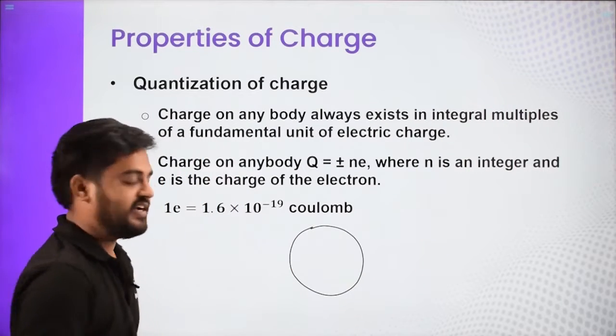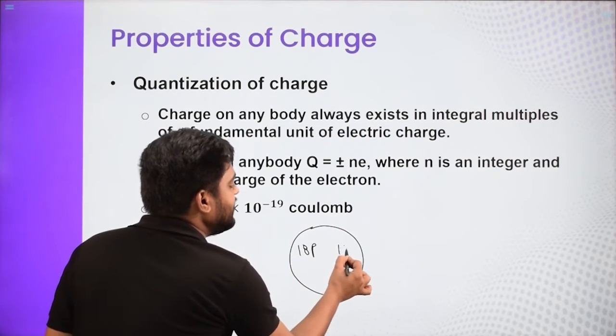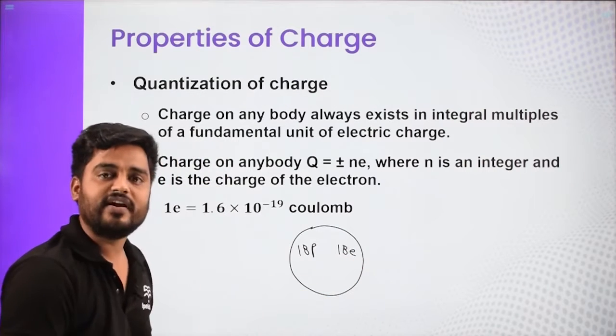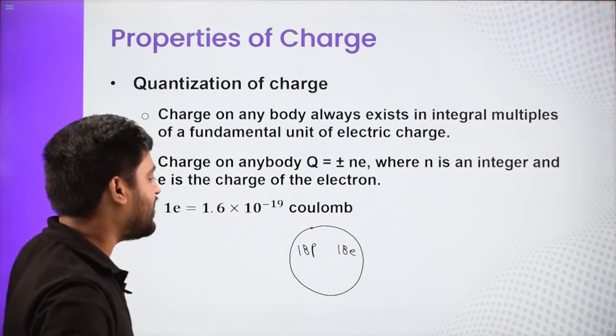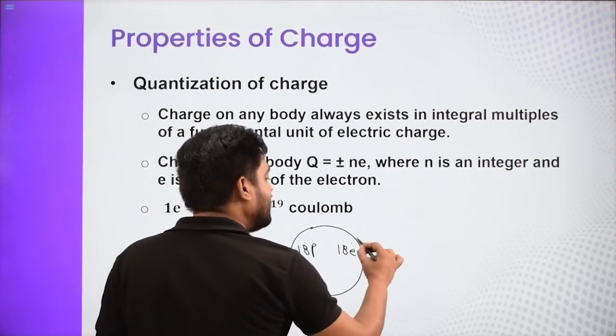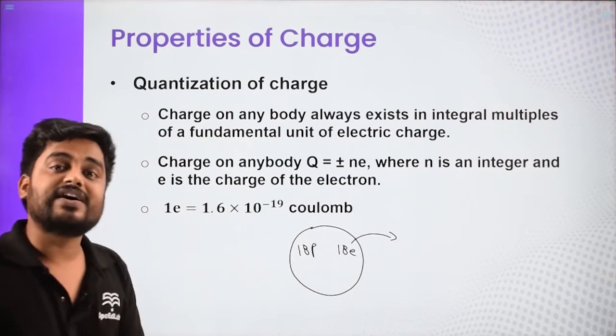If this is an object and suppose there are 18 protons and 18 electrons, the number of neutrons really does not matter because they are neutral in nature, so we are not going to discuss the number of neutrons. Now, if one electron leaves it, then there will be 18 protons and 17 electrons.